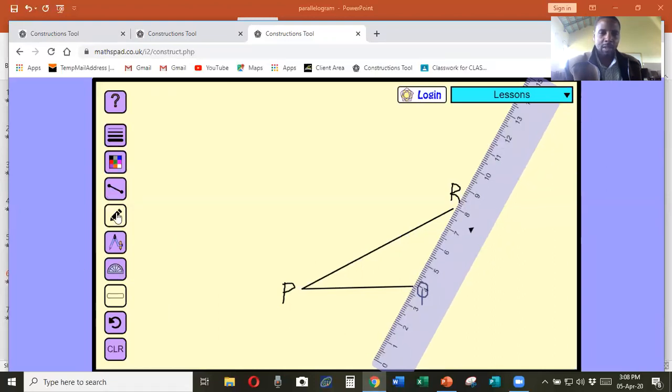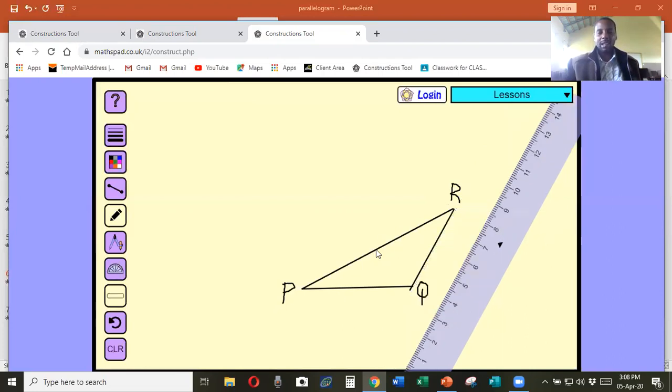So I use my pencil, I join RP like that. So now, as you can see, you have a sense that this PR should be inside because it's a diagonal. So my parallelogram should be in this direction, should be here so that the diagonal can be inside.